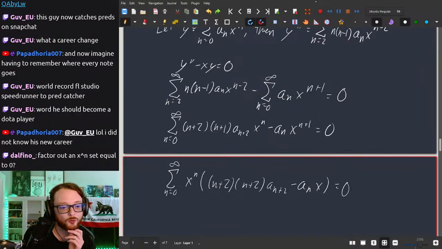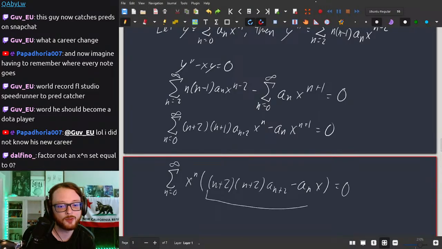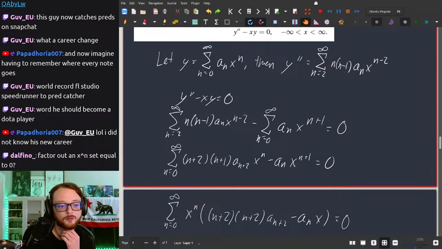I'm also kind of ignoring the fact that this is a summation. I think it's still valid to kind of forget about it and set that bit equal to 0. I don't know exactly why though.